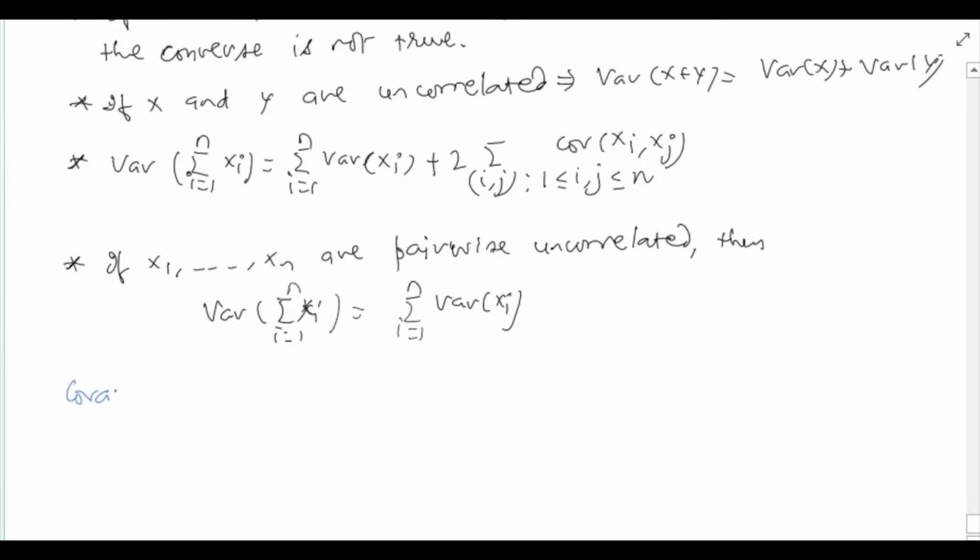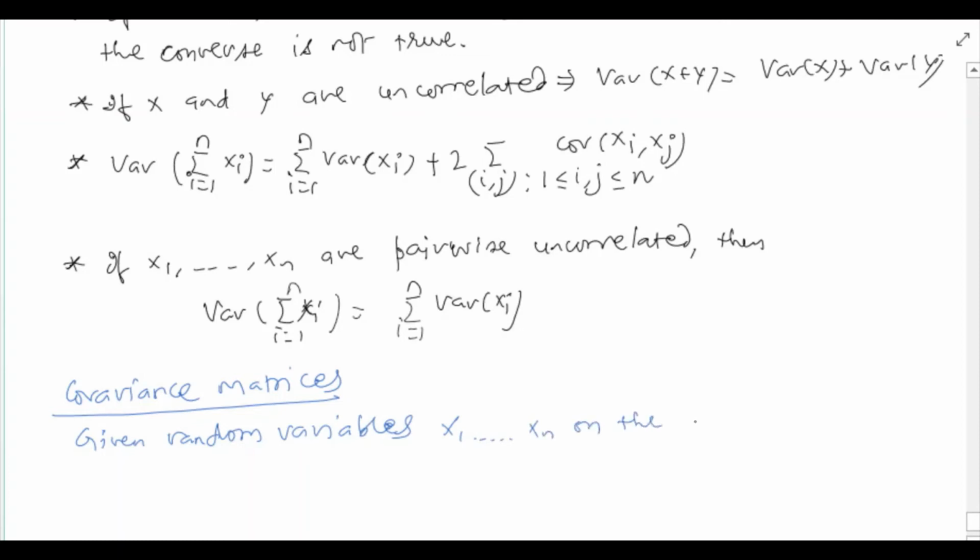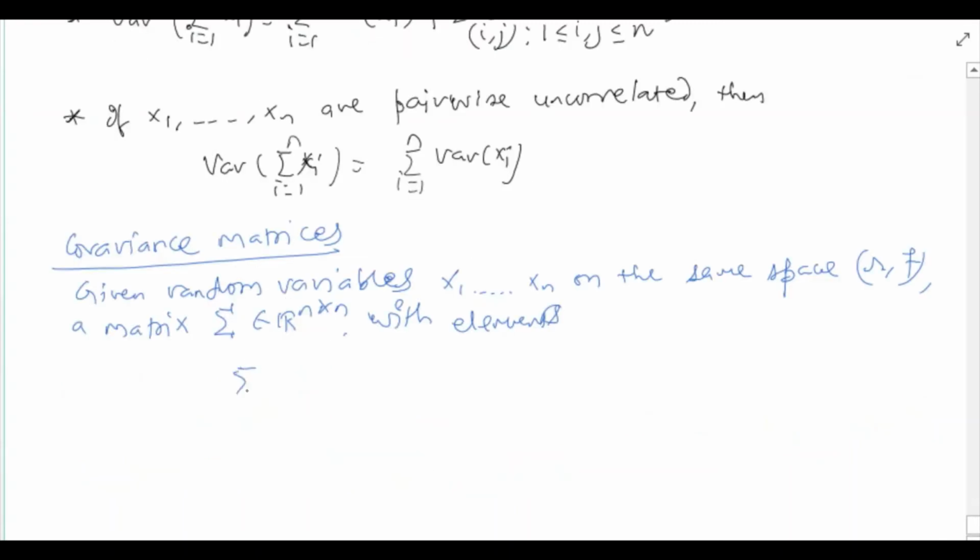We end with discussing the notion of covariance matrices. Given random variables x1 dot dot dot xn on the same space, the matrix capital sigma is an n cross n real valued matrix with elements capital sigma ij equal to covariance of xi, xj.